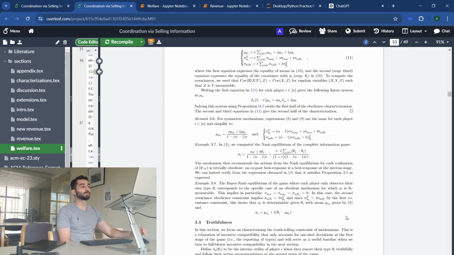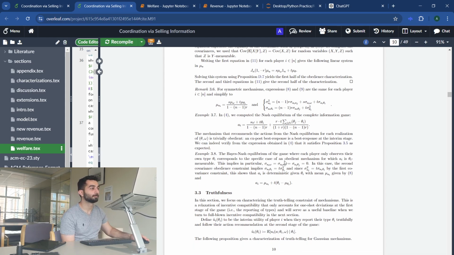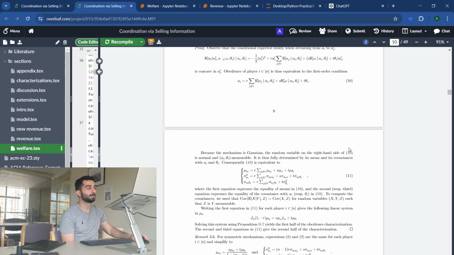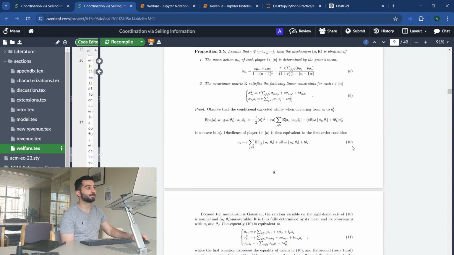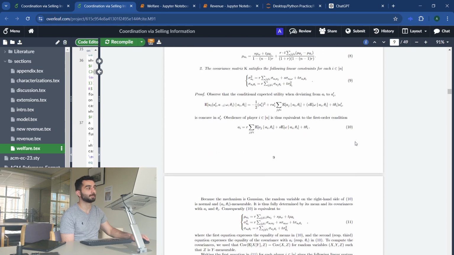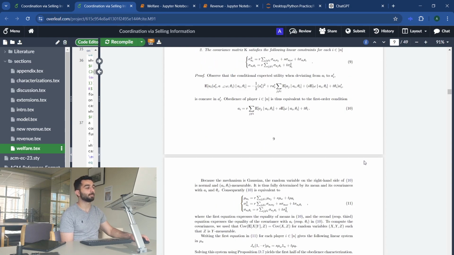Oh, Bayes Nash is also here. Alright, perfect. 3.5. Where is 3.1? Oh, proposition. Yeah, that's it. Mechanism being obedient.